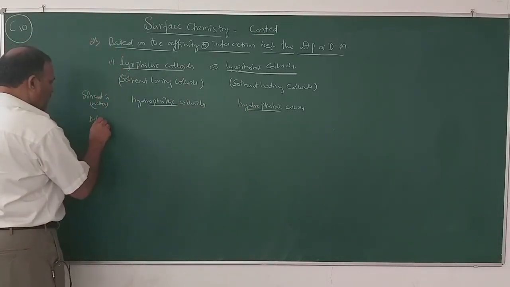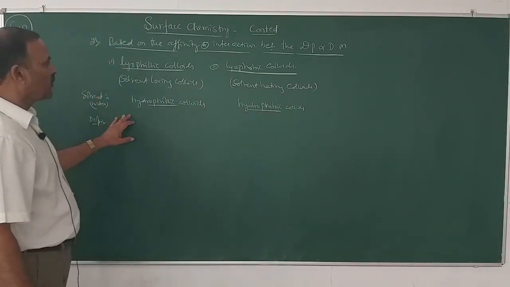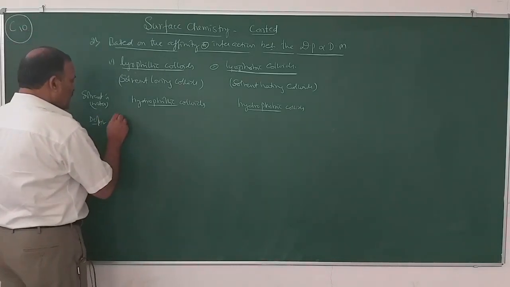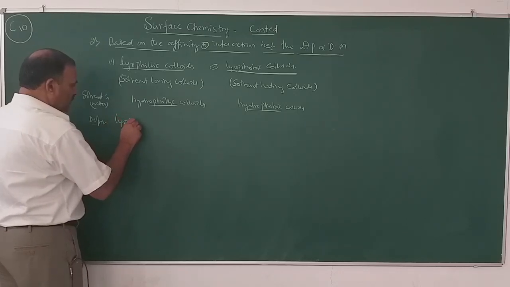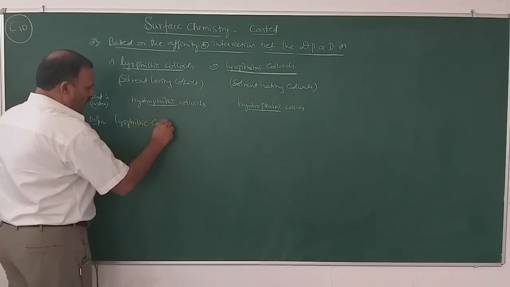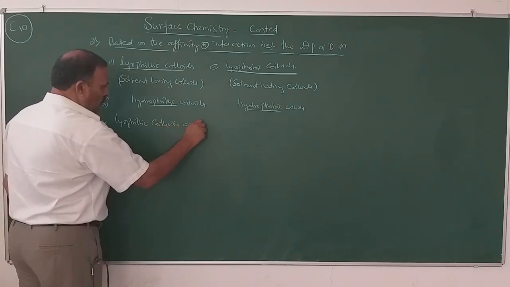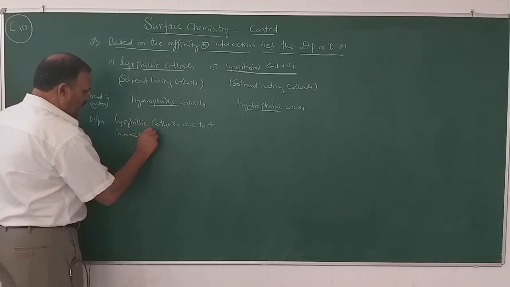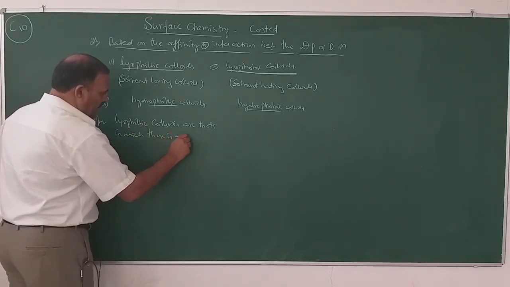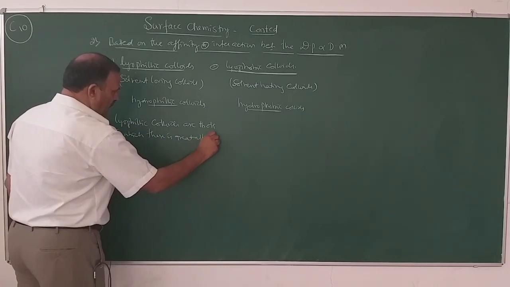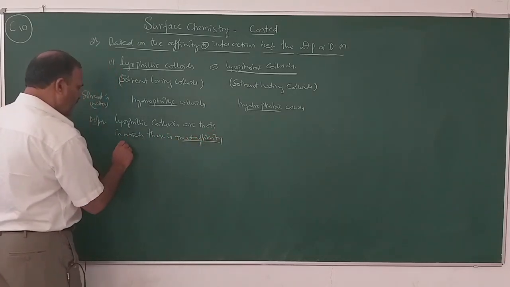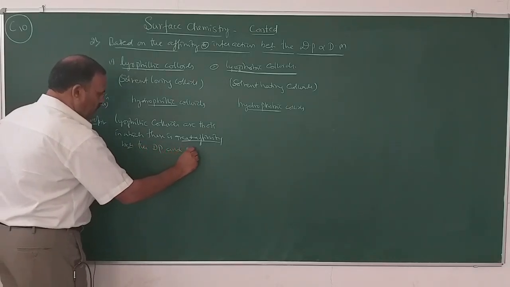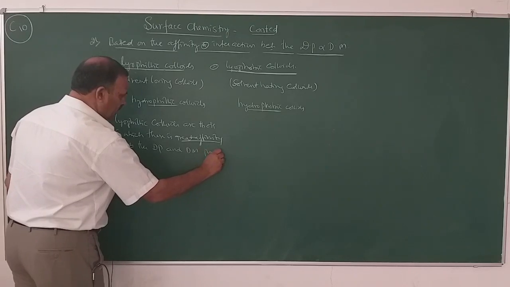Coming to the definition of lyophilic and lyophobic colloids. What are lyophilic colloids? Lyophilic colloids are those in which there is great affinity between the dispersed phase and dispersion medium particles.